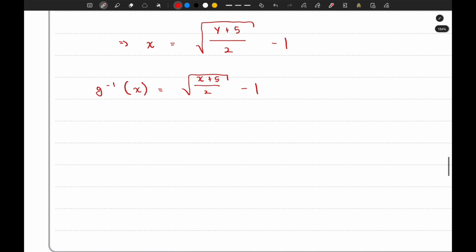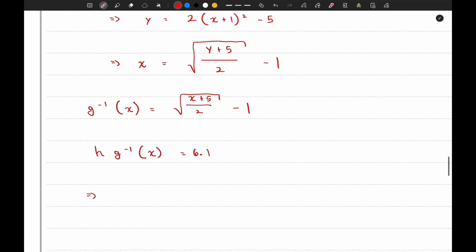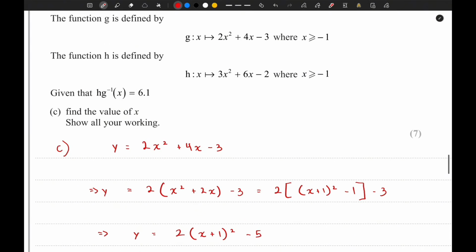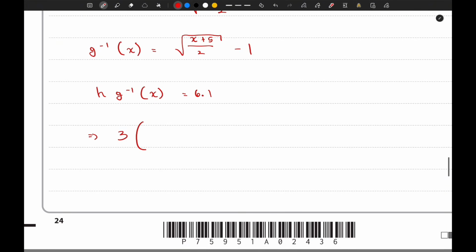Now I can say that hg⁻¹(x) is 6.1, which means, so that's 3 times x squared, where x will be g⁻¹(x).